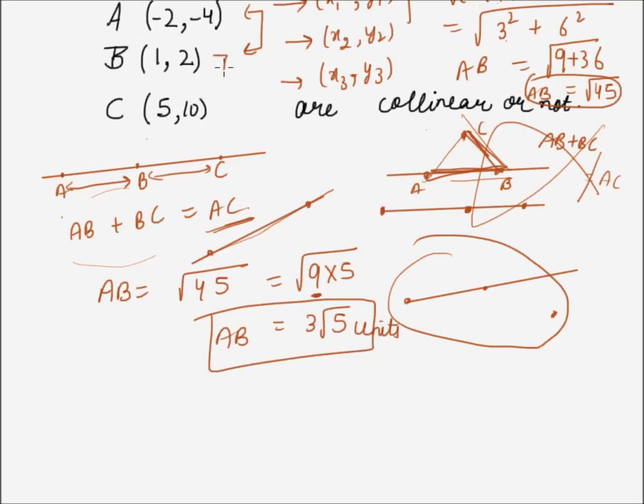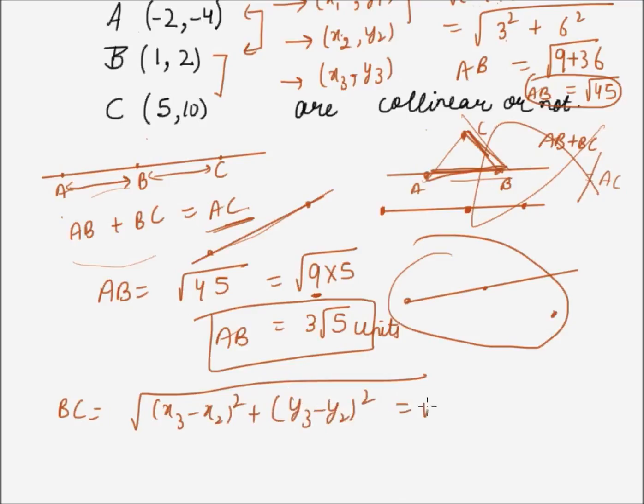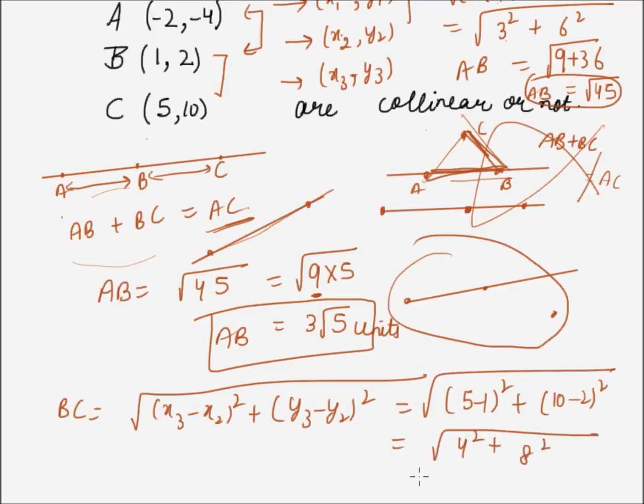Now let us calculate the distance BC. For BC we will be having x3 minus x2 whole square plus y3 minus y2 whole square. Thus we will have 5 minus 1 whole square plus 10 minus 2 whole square, which will give us 4 square plus 8 square, or 16 plus 64.